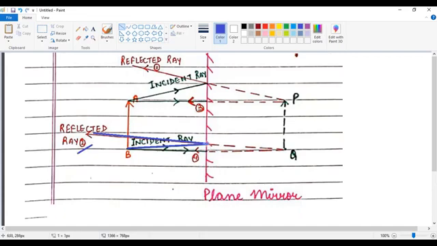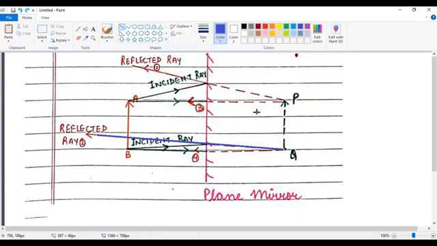But it will appear that it is reflected from point Q. So students, while showing reflected ray behind the mirror, your scale should be same inclined as it is in front of plane mirror while showing reflected ray.